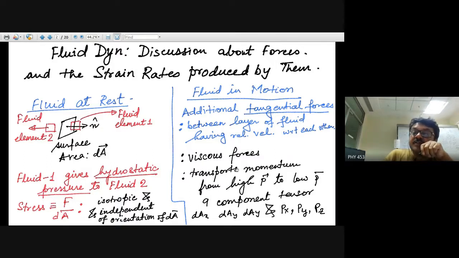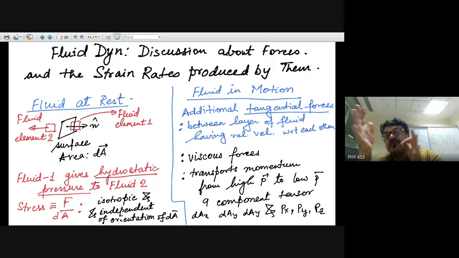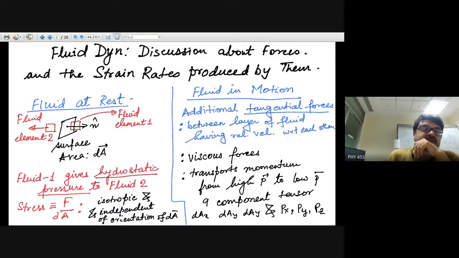If the fluid is in motion, there will be additional tangential forces between layers of fluid having relative velocity with respect to each other. If there was an amount of fluid moving as a whole with uniform velocity, where different parts of the fluid were not moving with respect to each other, but the whole center of mass had finite velocity, then you could change the reference frame and essentially have fluid at rest again.